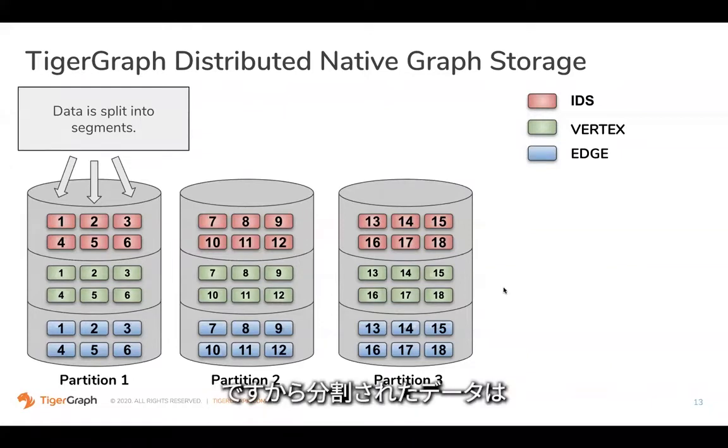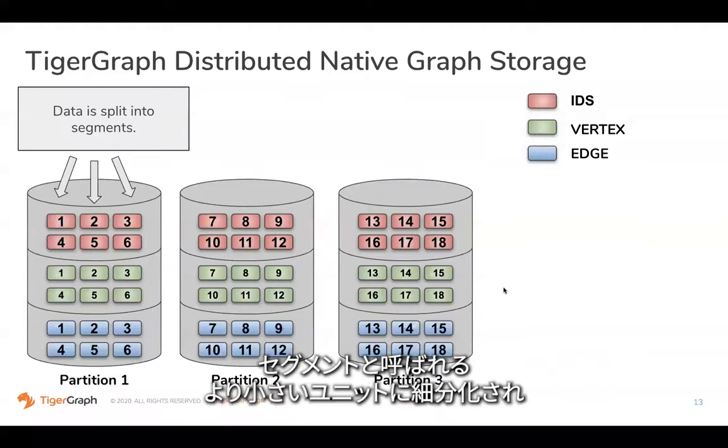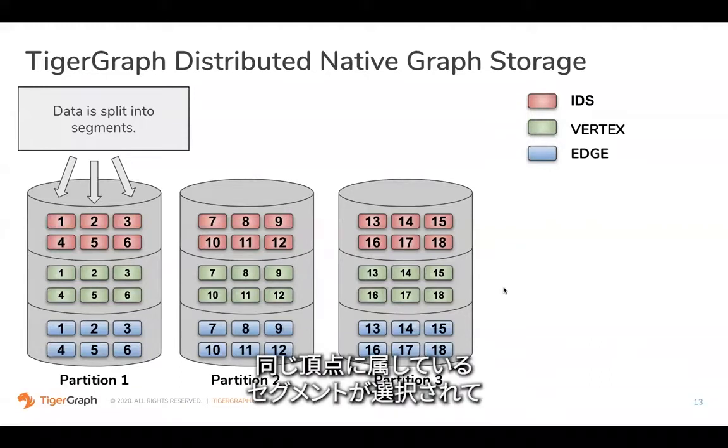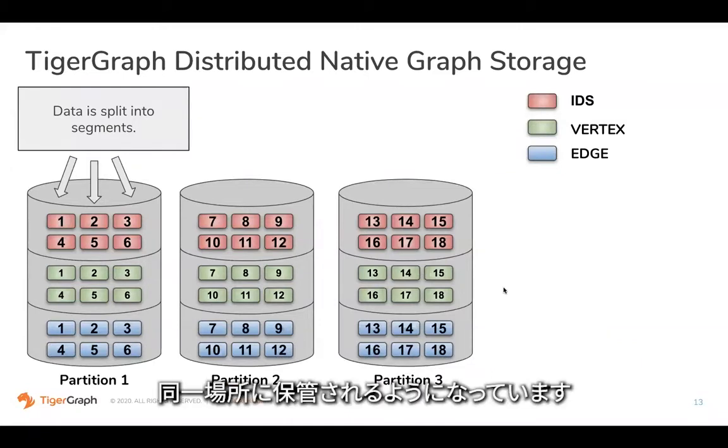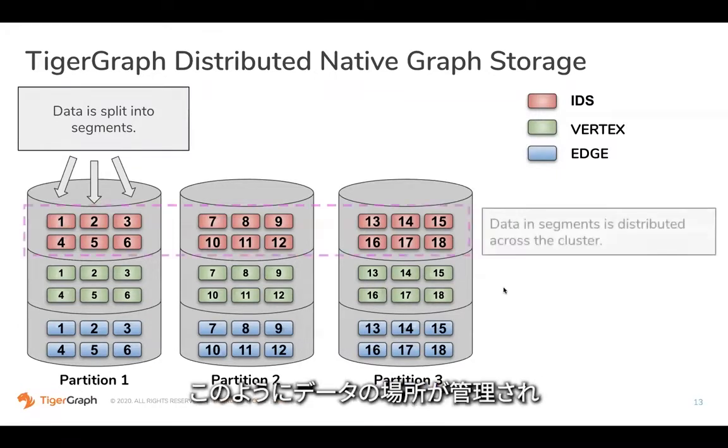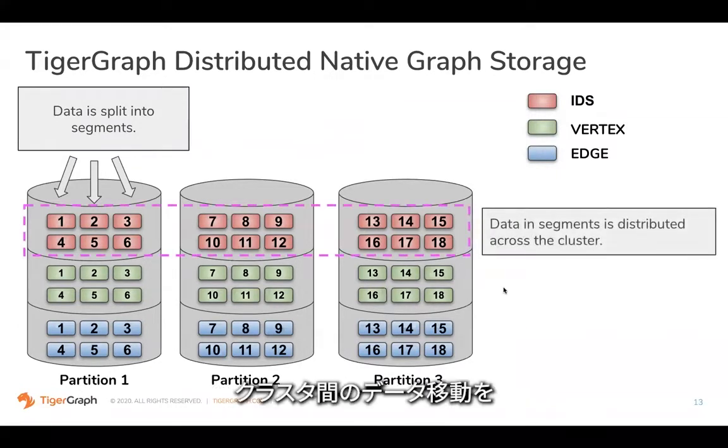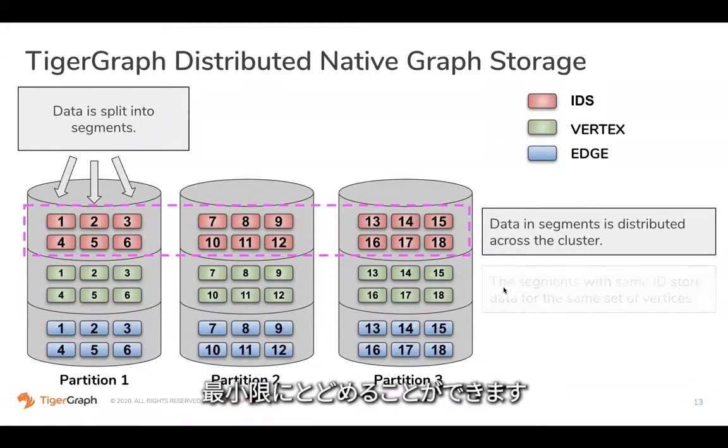So partition data is again broken down into smaller units called segments, and segments are picked in such a way that each segment belonging to the same vertex type is stored together. And this basically ensures your data locality so that you minimize the need for movement of data across the cluster as much as possible.